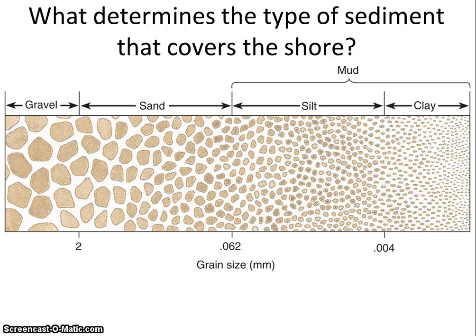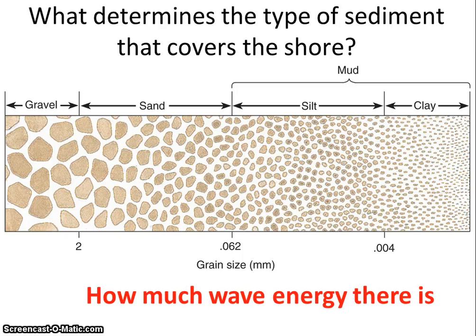Whereas in muddy salt marshes, areas with less wave energy, you still have that gravel and sand, but on top of that, the silt and the clay settle. So less wave energy, muddy salt marsh; more wave energy, sandy beach. How much wave energy determines what types of sediment covers a shore.